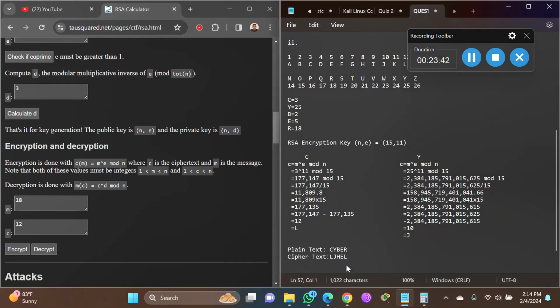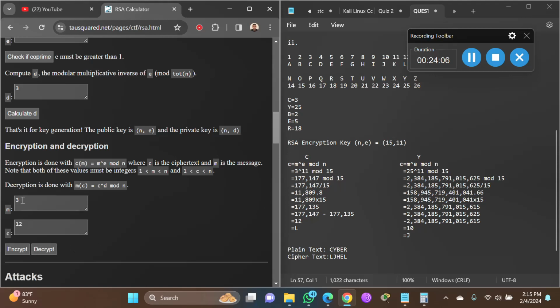To confirm that this is true, we need to reverse it by decrypting. So decrypting, we need to put in these final answers we are getting. For 12, which was L, to get back to C, we just say decrypt.